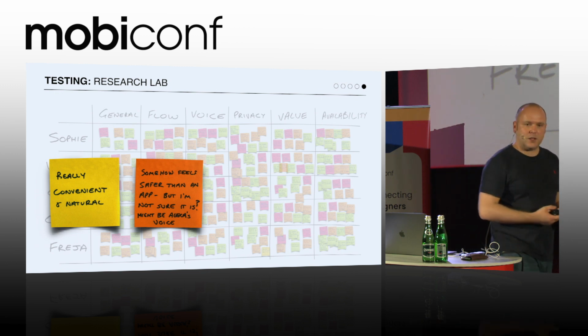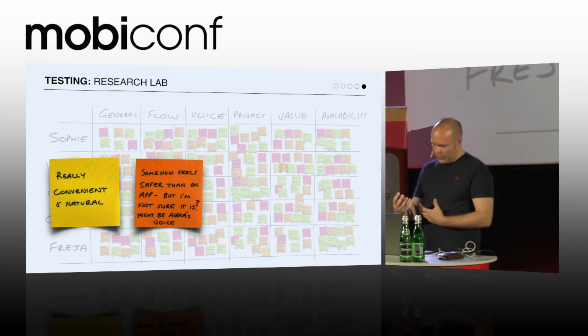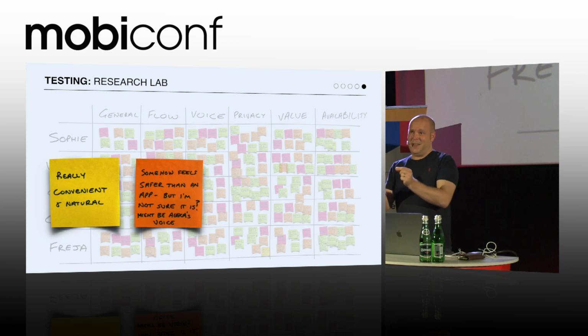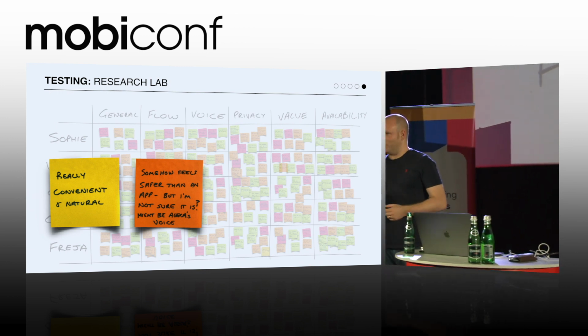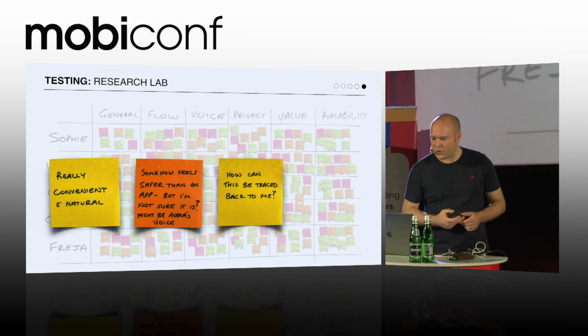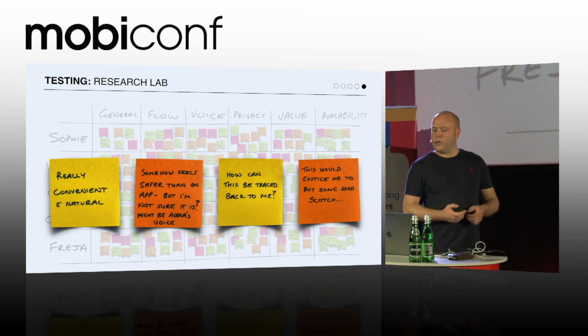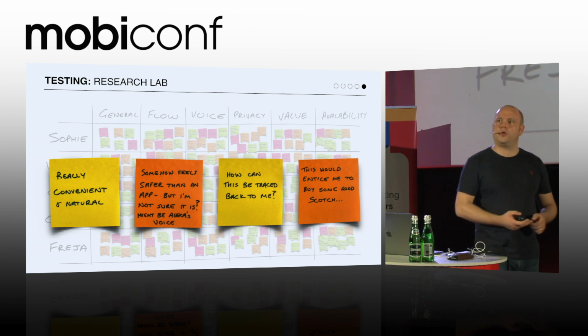It might be Alexa's voice. Interesting, so different ways that the voice is making people feel comfortable, but there's still enough doubt in there where someone's not willing to give up complete trust in this case. How can this be tracked back to me? Absolutely, that privacy concern is really key. And this would entice me to buy some good scotch.